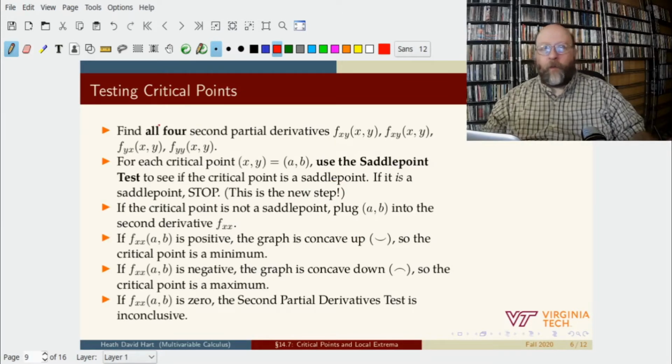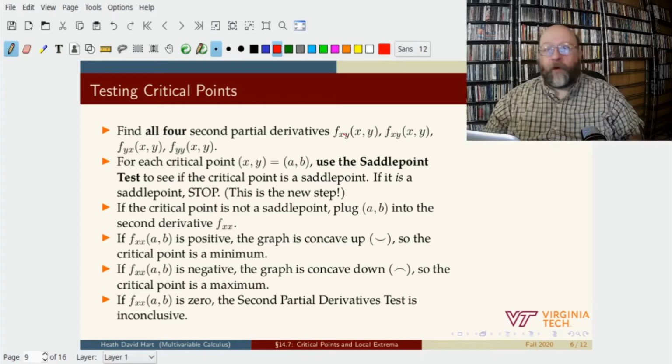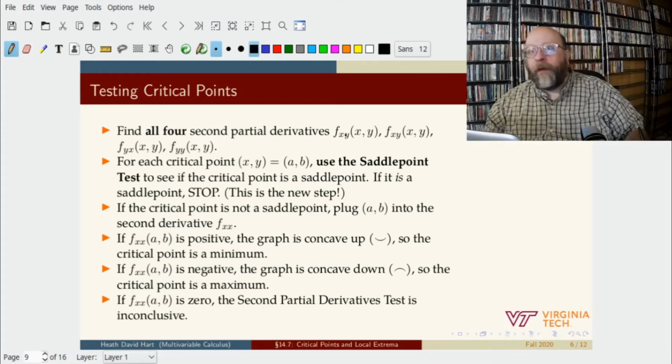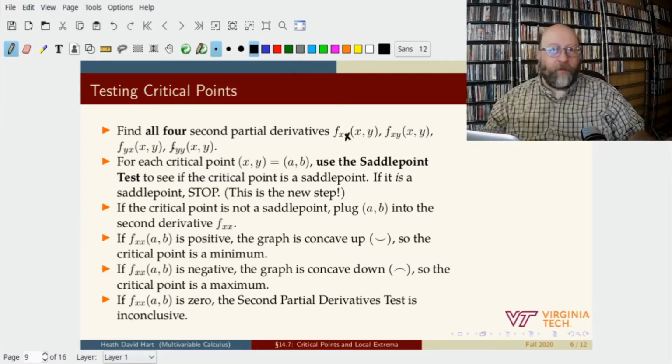First of all, we need the second derivatives, and there are 4 of them. The partial derivative of xx, sorry about that, the partial derivative of xy, the partial derivative of yx, and the partial derivative of yy.